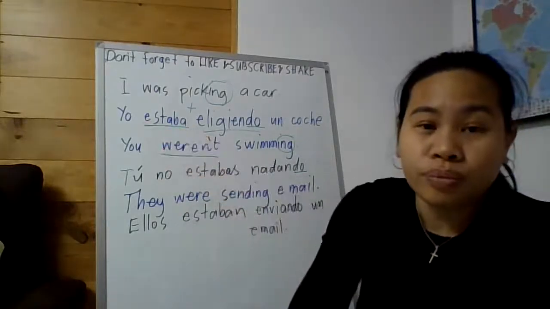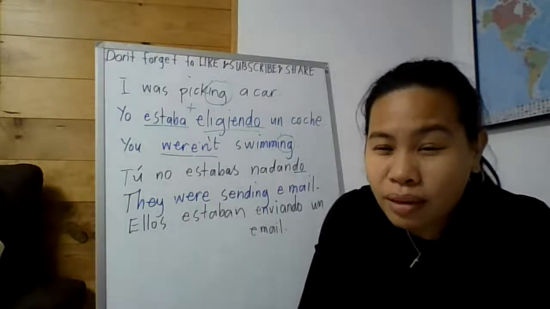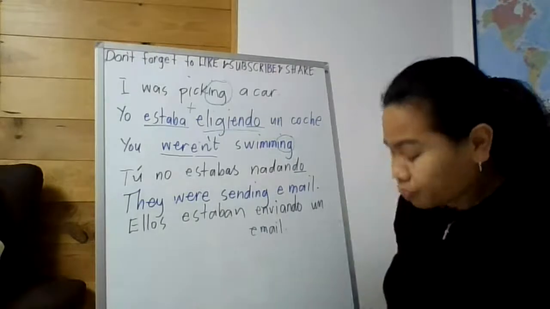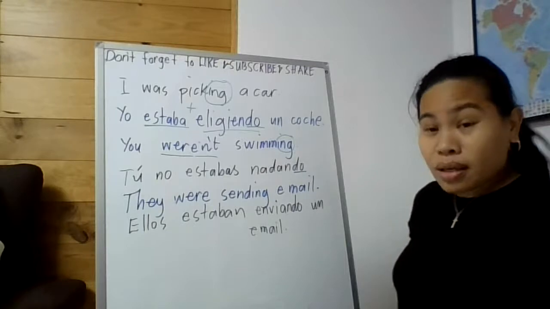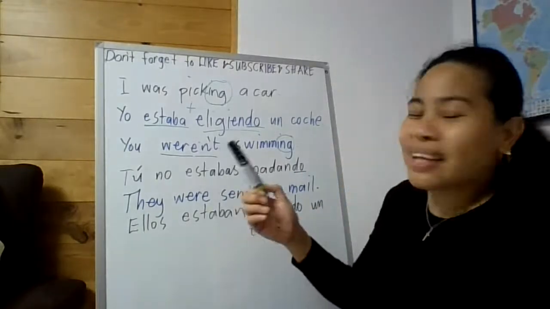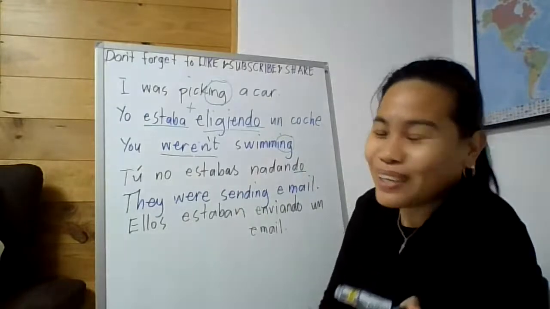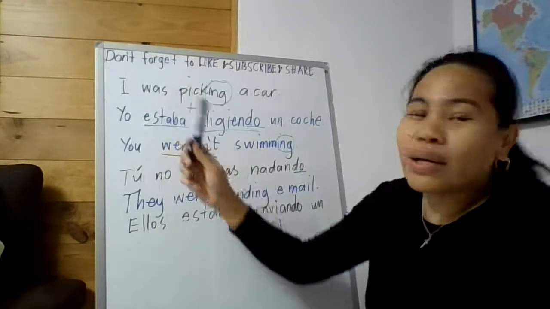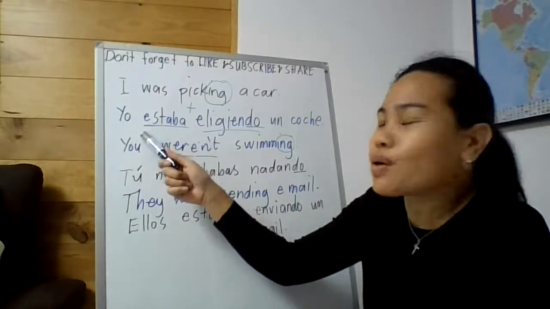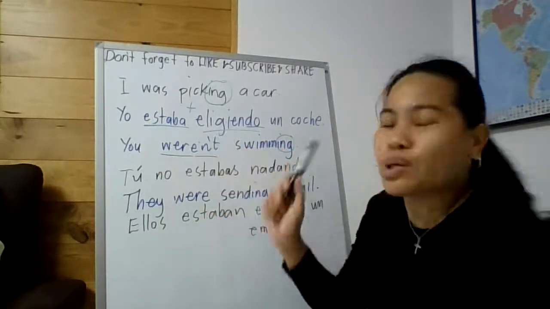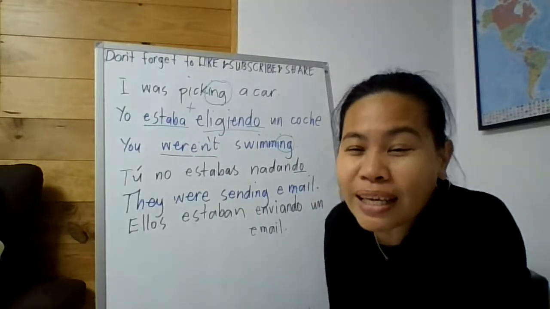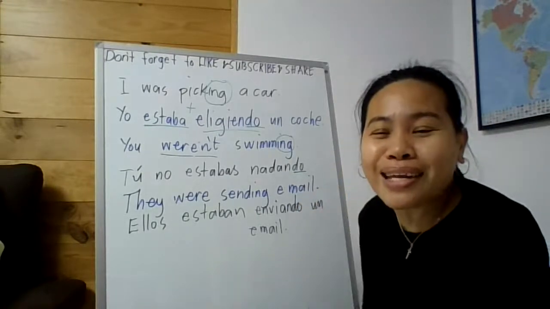Thank you so much, Rob, for sharing my video. Okay, I want you to make this sentence, yo estaba eligiendo un coche, make it as, estoy eligiendo un coche. Muy bien.